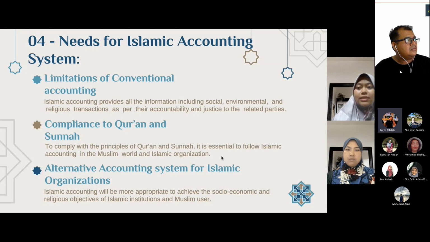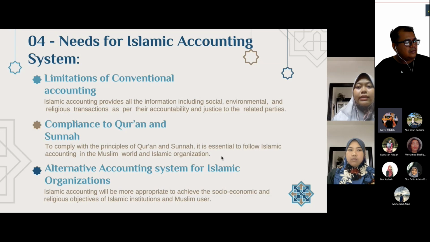Jadi untuk kita as Muslim users ni nak elak accounting practices yang tak seberapa comply kepada peraturan halal dan haram ni, therefore it is essential for us untuk follow and implement Islamic accounting to comply with Sharia accounting practices.